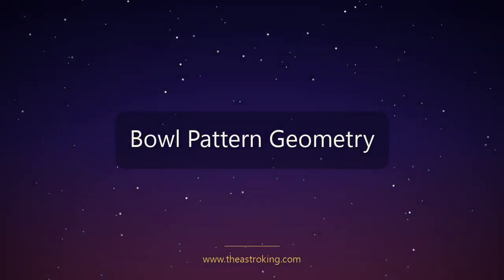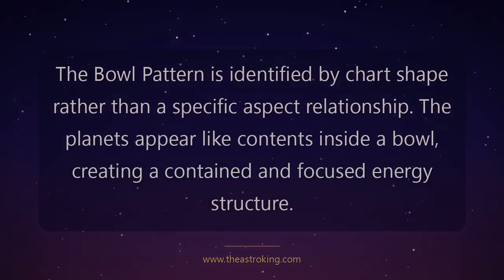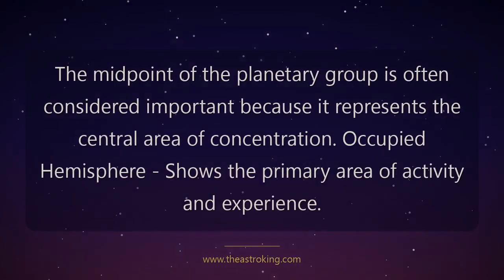Bowl pattern geometry. The bowl pattern is identified by chart shape rather than a specific aspect relationship. The planets appear like contents inside a bowl, creating a contained and focused energy structure. The midpoint of the planetary group is often considered important because it represents the central area of concentration.